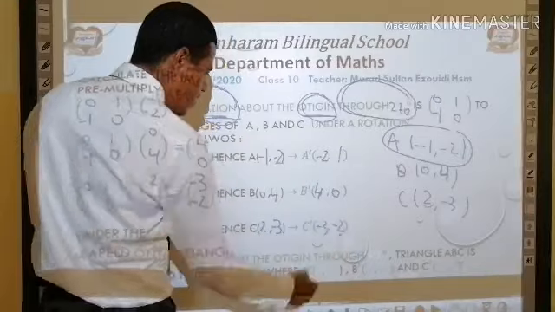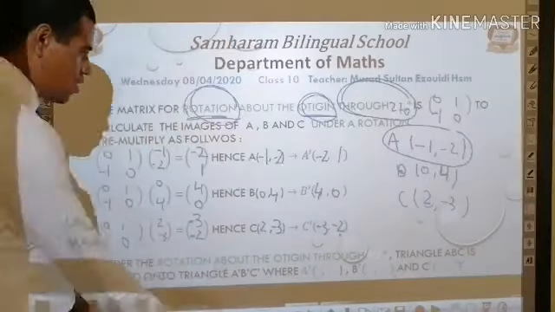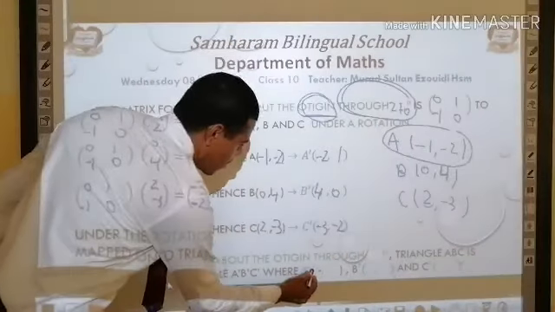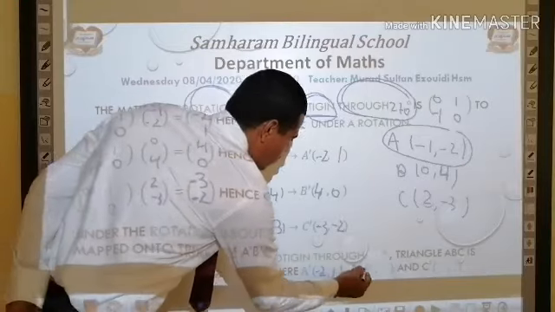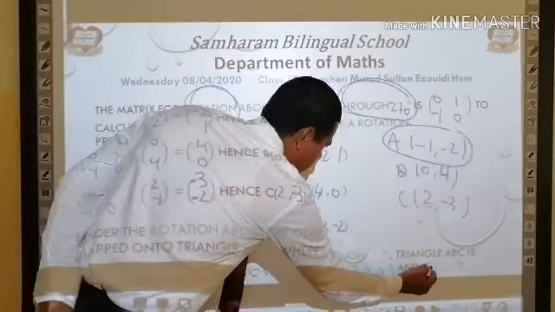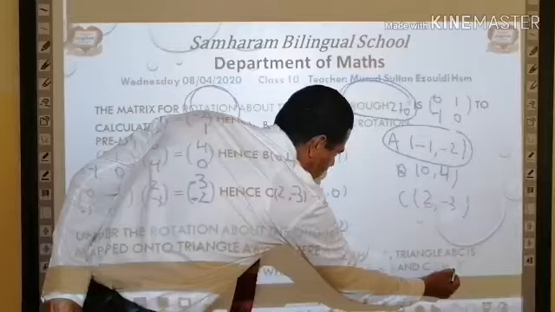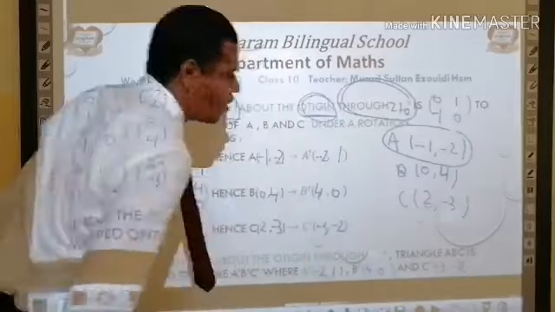Good boy. Then you can write the coordinates of these points: A prime is -2, 1, B prime is 4, 0, and C prime is -3, -2.